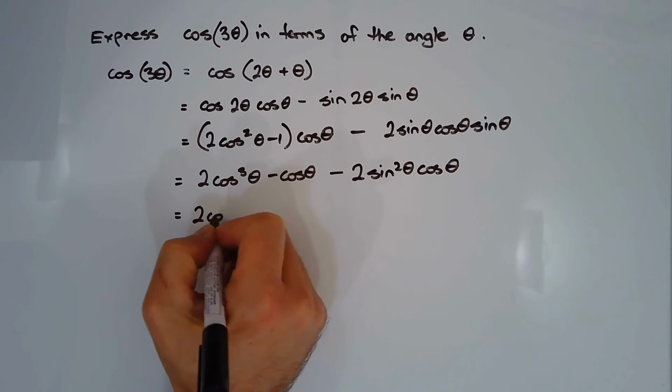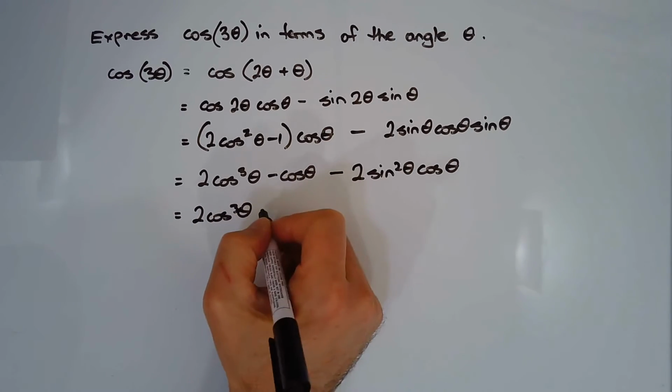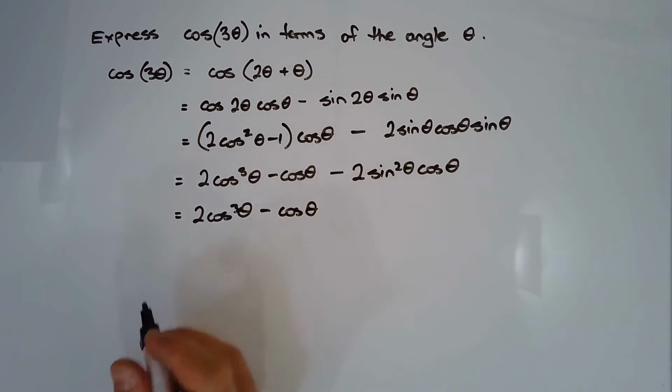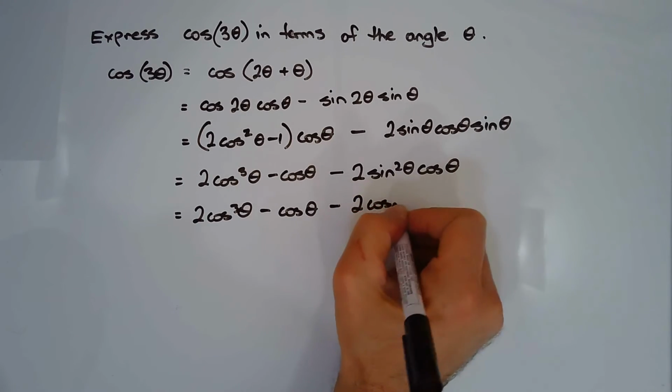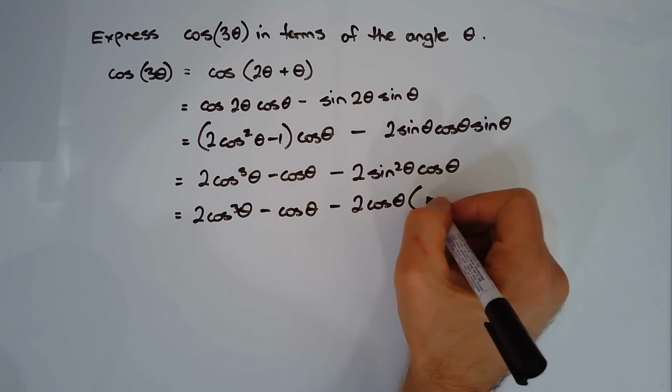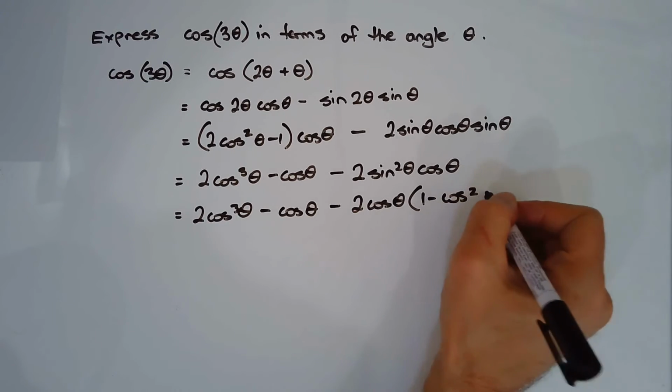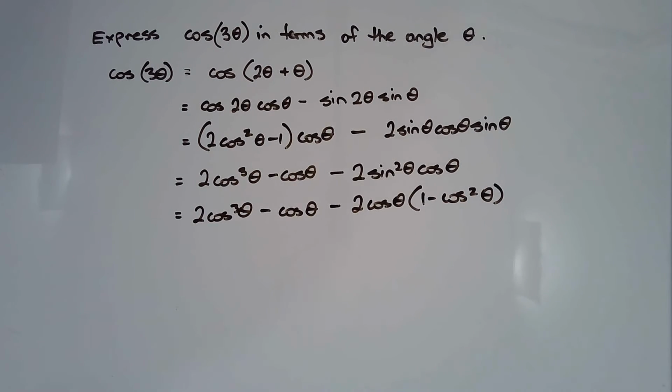So that's 2 cos cubed theta minus cos of theta minus 2 cos theta outside of, now sine squared theta is 1 minus cos squared theta, of course.